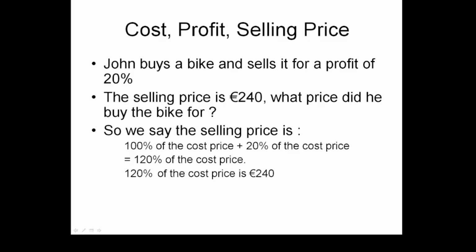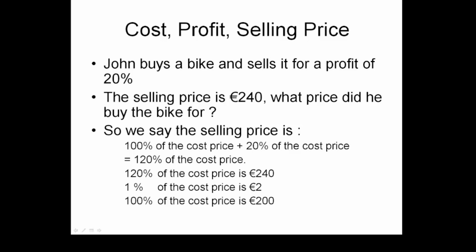So we know 120% of the cost price is €240. But what are we trying to figure out? We want to know what he bought the bike for. So we want to find 100% of the cost price. We know 120% of the cost price is 240. So to find 100%, we use the unitary method and we find out what 1% of the cost price is first.